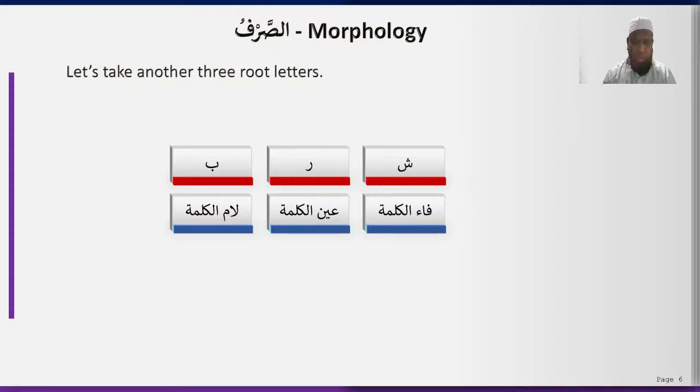When we put them together and put the haraka, we know the haraka of the first letter is a fatha. We know the haraka on the last letter is a fatha. It is the middle letter, aynul kalima, that sometimes has a fatha, sometimes a kasra, sometimes a dhamma.